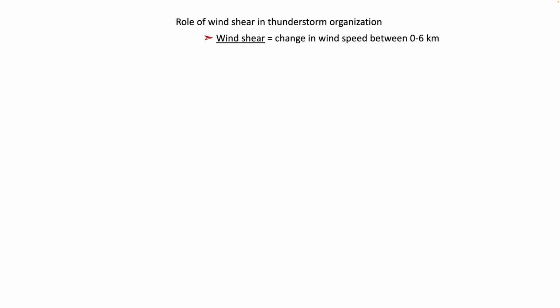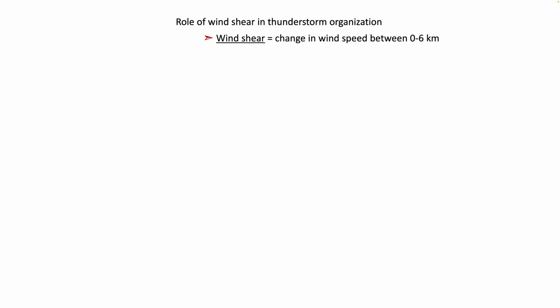Now, wind shear, just writ large, is defined to be the change in wind speed over the 0 to 6 kilometer layer when we're talking about vertical. But when we're talking about wind shear in general terms, both horizontal and vertical, it is the change in wind speed and/or direction over some distance.